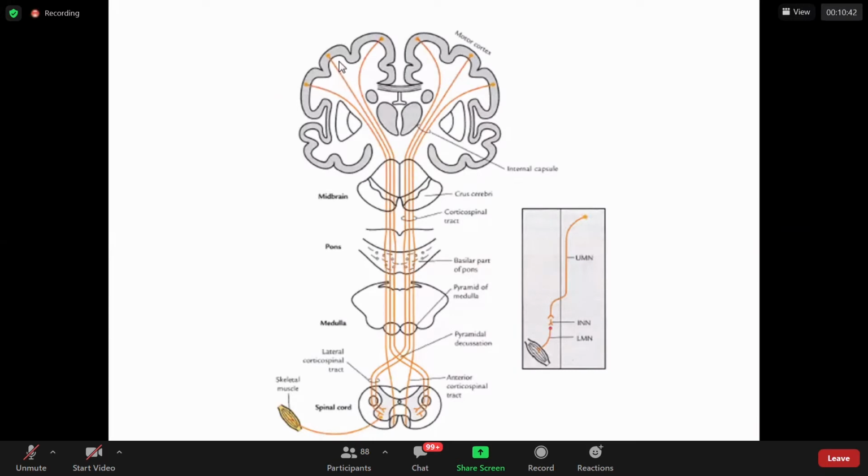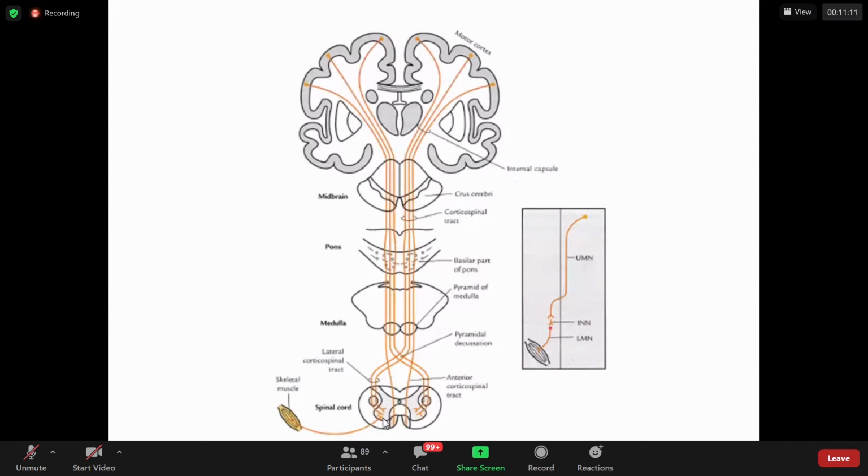Basal ganglia and brainstem parts like the substantia nigra and the red nucleus are present in the subcortical region, and also act as the beginning of upper motor neurons. So not only do they start from the cerebral cortex, they can start from the basal ganglia and other parts of the brainstem. I'll tell you later. Just remember that these are the upper motor neurons.